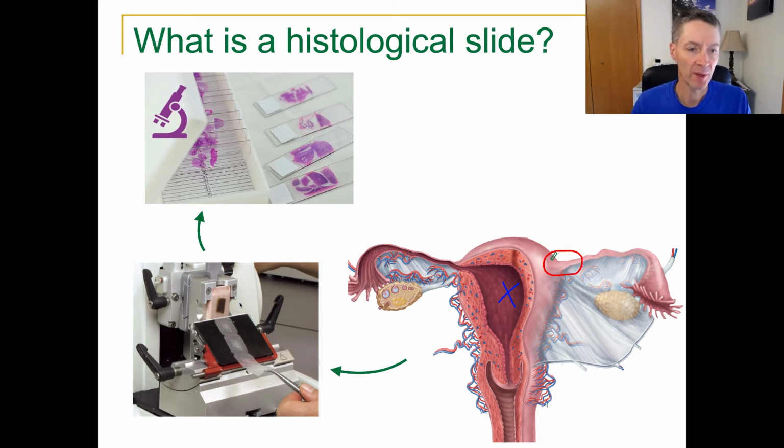So here we have an instrument they call a microtome. Micro, so that makes sense because you're looking at small things. And tome has to do with the fact that you're taking slices. The microtome is going to take slices of a preparation made from this little plug of the organ here.